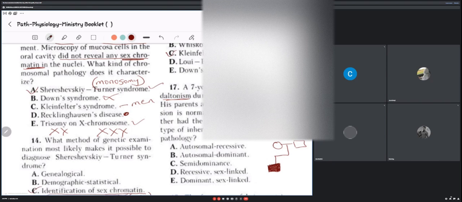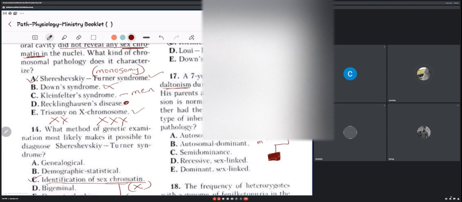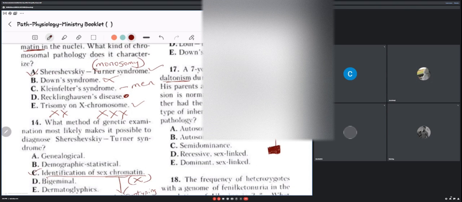Circles are for females, so this is the mother, and this is the father. Now, why am I shading here? Because the question says this boy is diagnosed with daltonism, so he has the disease condition. That's why it is shaded. But the mom, I can shade half of it because she's the carrier, isn't it? Although they are healthy, the question says they are healthy. I just wanted to confirm that this color blindness carries the X chromosome, right? Okay, yeah, exactly.